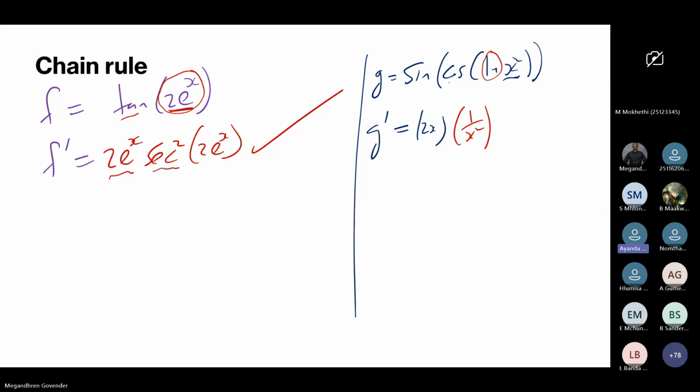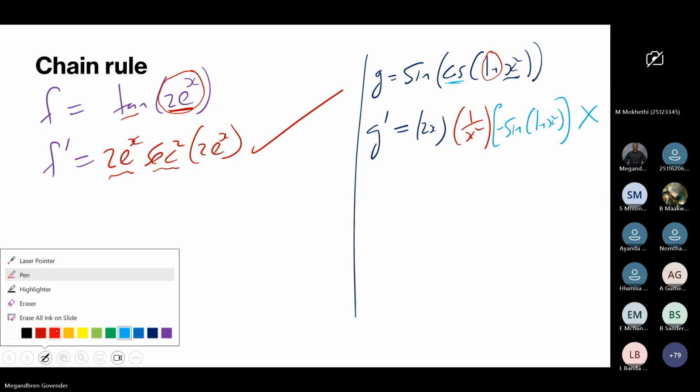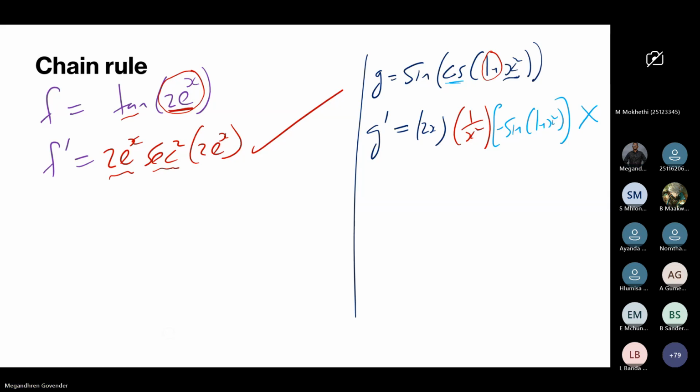Negative sine of ln of x squared, which is the blue one, times the final one would be cos of ln x squared. That's it. And then you guys can simplify that if you want, and that gives you the first derivative of this function. Are you happy with that?